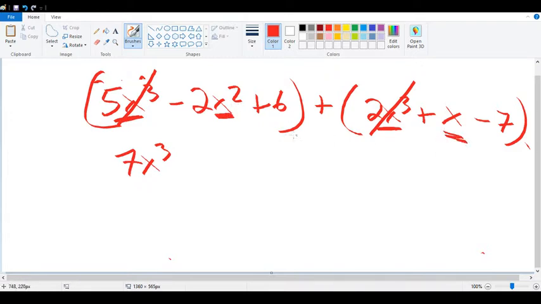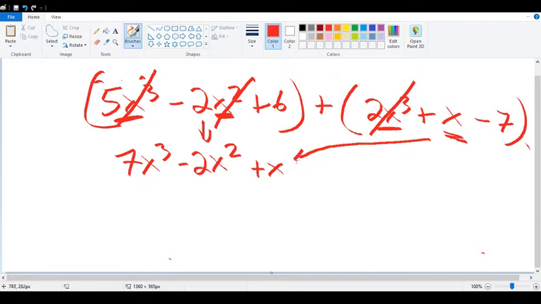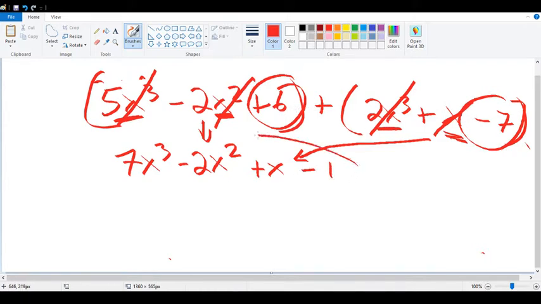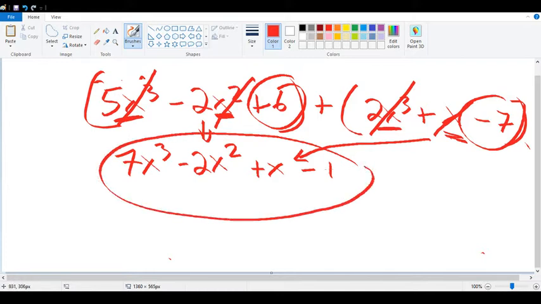And then if I look for another term with x to the second, notice you will not find it over here, which means that this will have to be left as is, and so is this, because there are no other like terms. Now I still have the constants, 6 plus -7, that becomes -1. And as I mentioned, notice my degrees 3, 2, 1, 0.